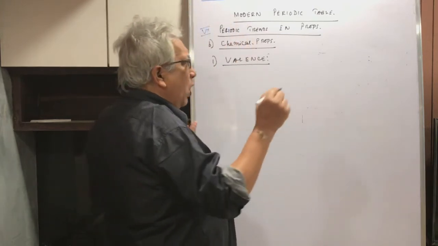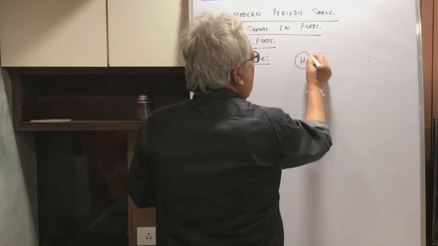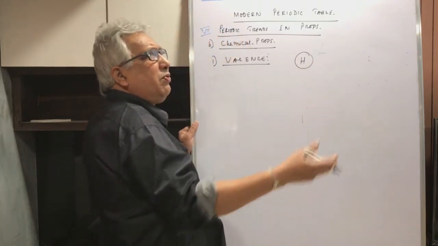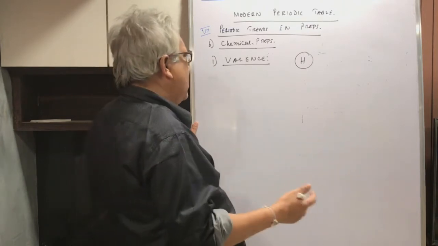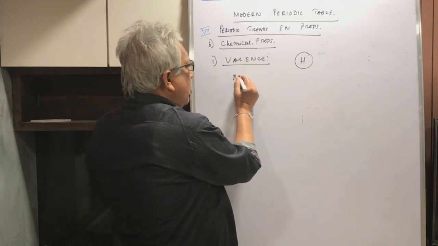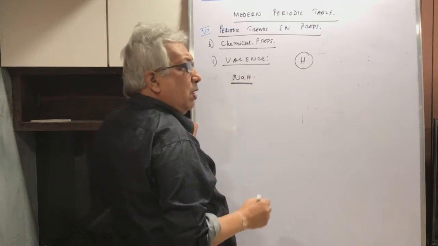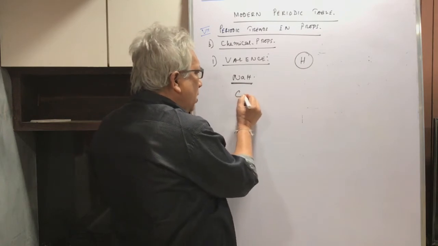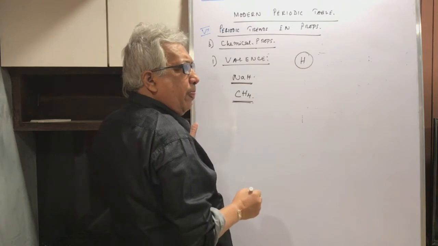They first talked about hydrogen, but hydrogen need not combine with everybody, so it can be any other univalent element. Like for example, sodium combines with only one hydrogen, so the valency of sodium is 1. But carbon combines with 4 hydrogens, so the valency of carbon is 4.